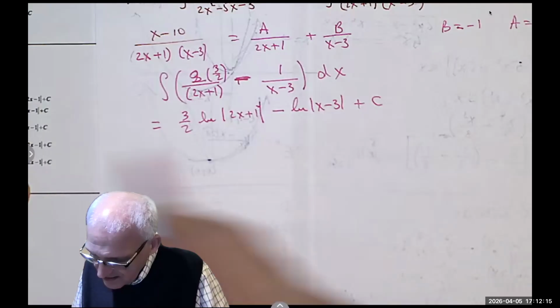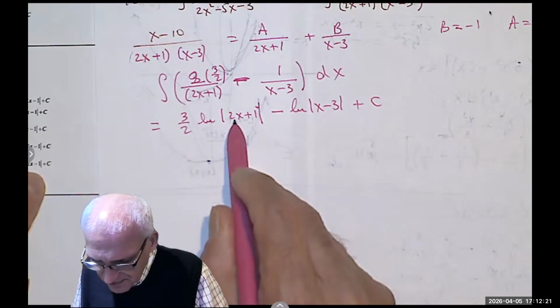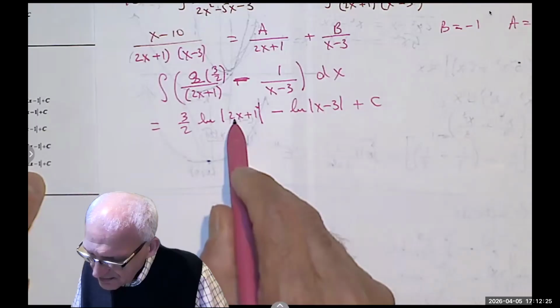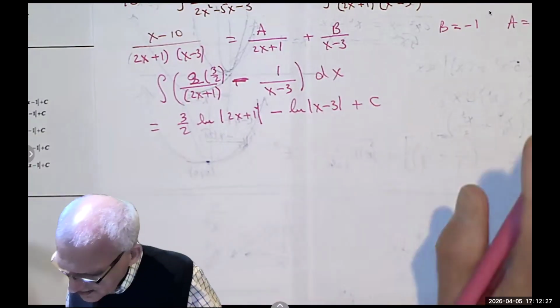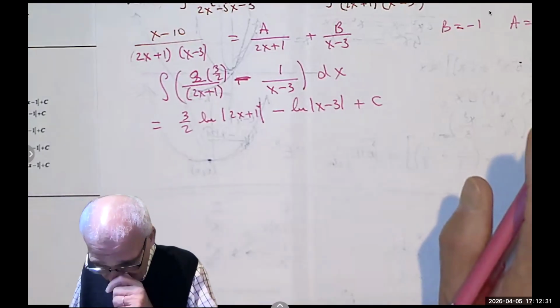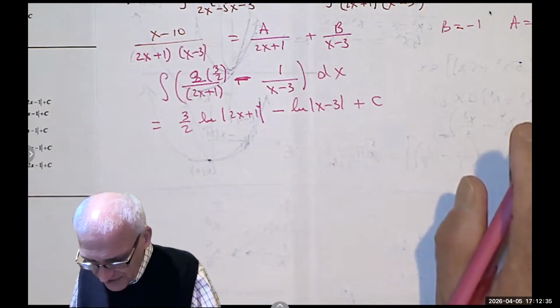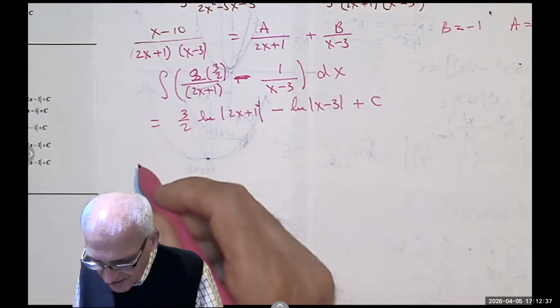3/2 natural log of 2x minus, no. Wait. That's another error. I didn't notice that because I wasn't solving.